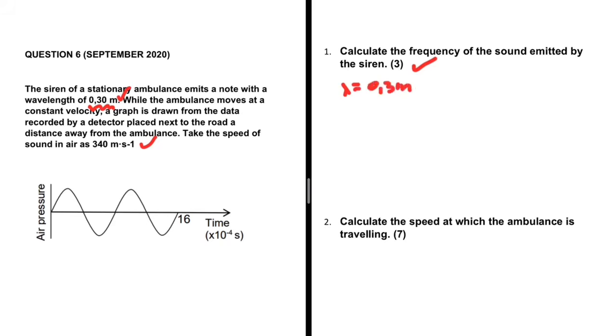Another piece of information we have is the speed of sound in air. So V is equal to 340 meters per second. We're interested in the frequency. What is the frequency of the sound emitted by the siren?